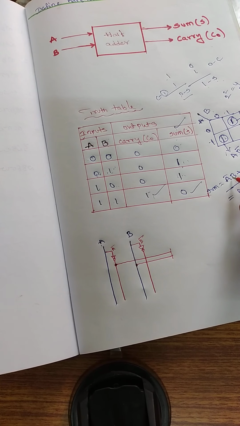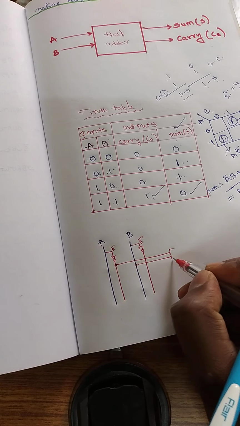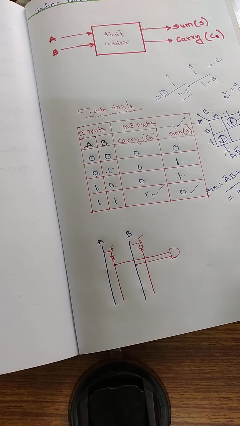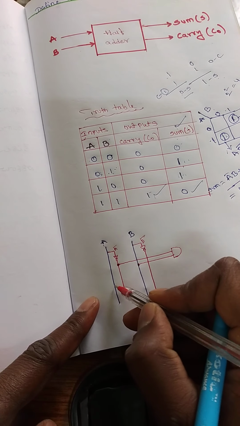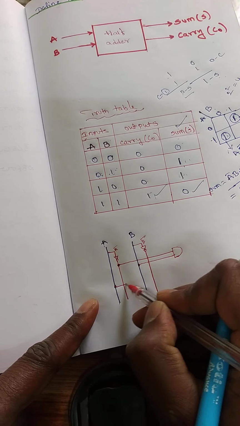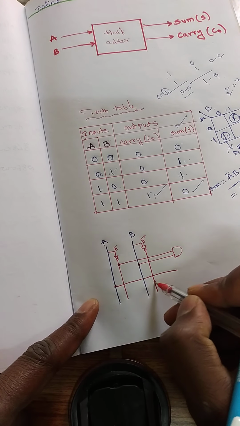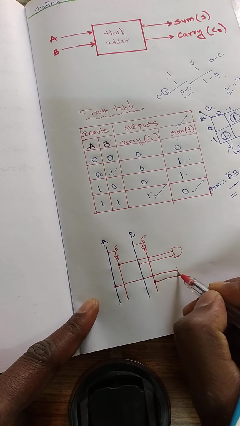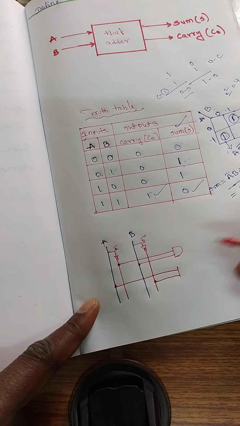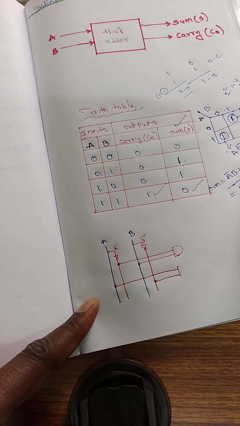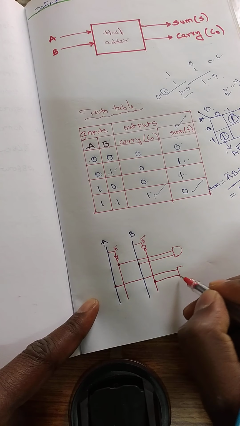So how is it? This is a product form, A bar into B. Nothing but this is in product form, so you have to draw AND gate. And next one is A B bar. So this is A and B bar. This is B bar. So what we have to draw here? A dot B bar, nothing but product form, nothing but AND gate.